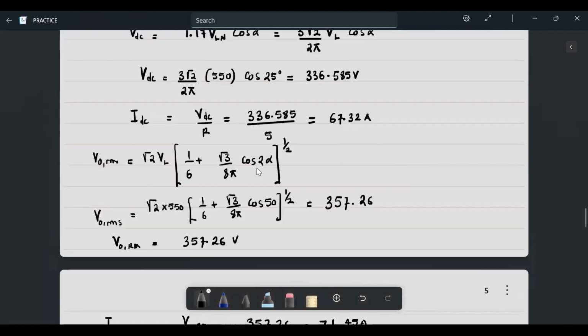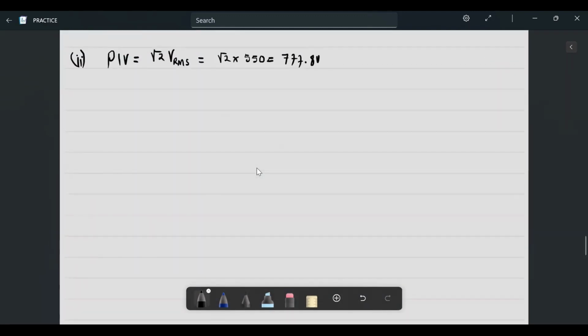So let's go to question B. We see what we can do there. We are given the data here. The supply voltage is simply 550 volts. The output voltage, of course this VO, is given as 400 volts.